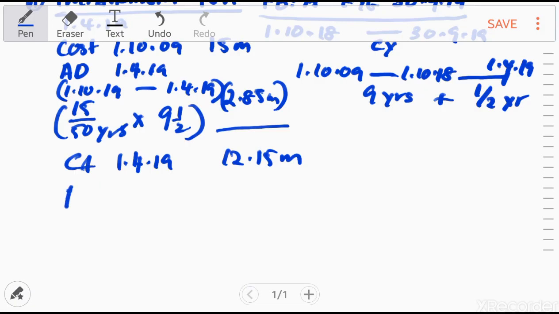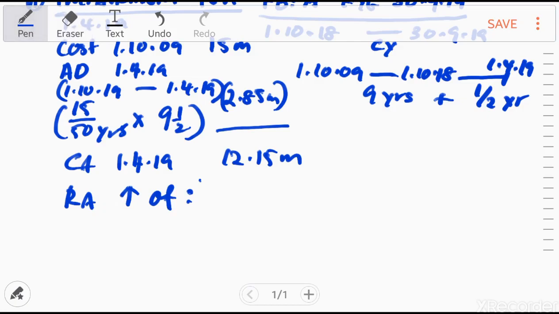You will compare your carrying amount with the recoverable amount, and you are going to look at the higher of the two amounts. So you will look at the higher of fair value less cost to sell and the value in use.